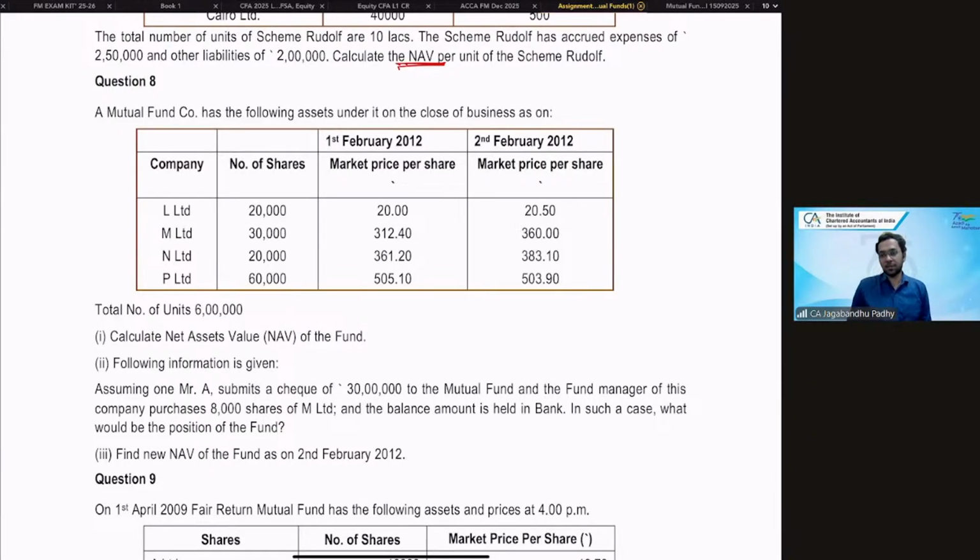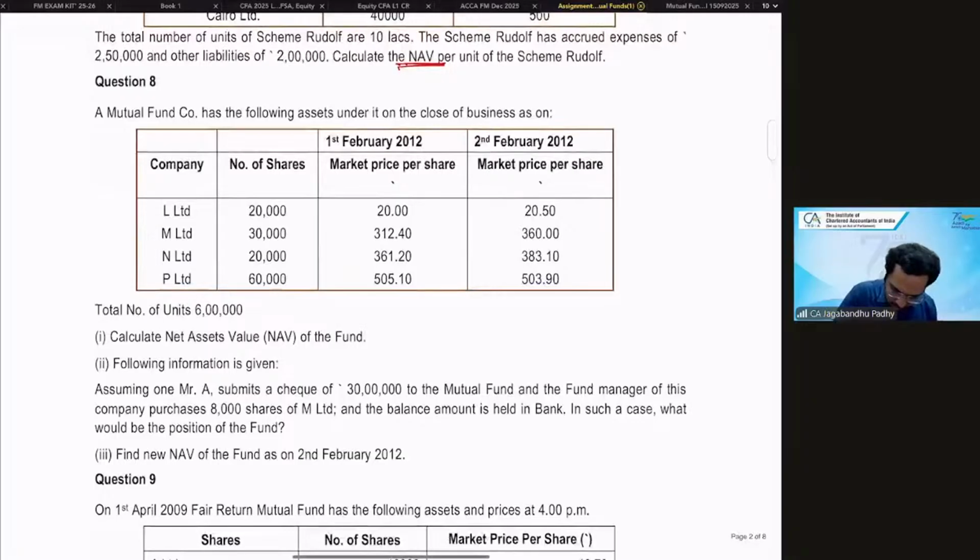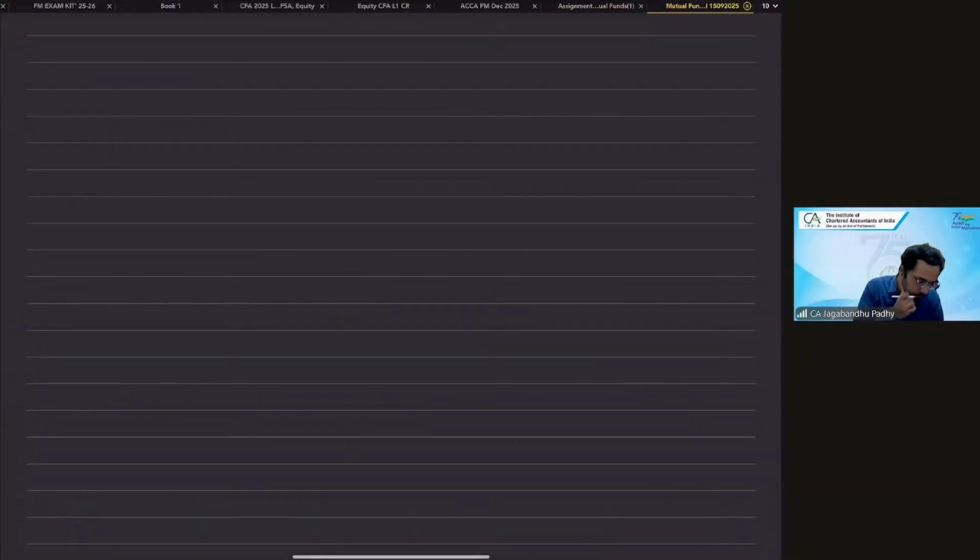Calculate the NAV as on 1st February, guys. 78.84. Perfect. So we have the NAV as on 1st February. This is question number 8.